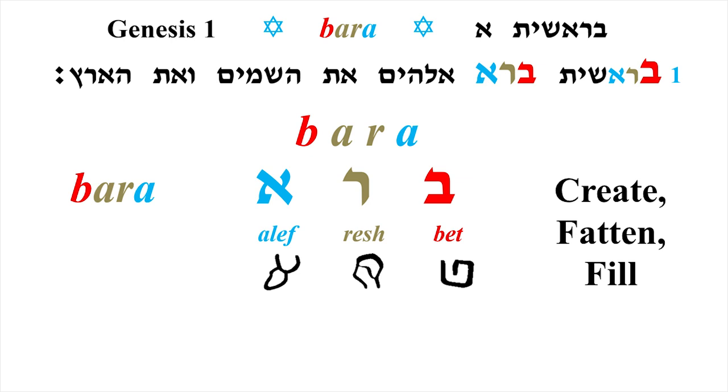And another important term about bara in the terms of creating is ex nihilo, which is Latin for out of nothing. Okay, so you have nothing and poof, you've got something. And this word bara, it's only used by God, this verb. Okay, because only God can create poof out of nothing.